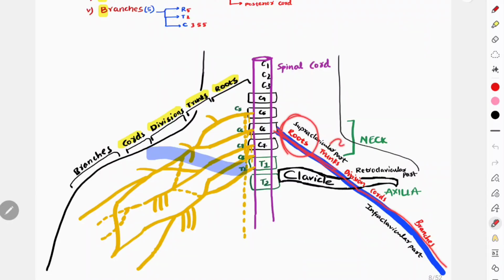The roots and trunks are supraclavicular, above the clavicle. The divisions are retroclavicular, that is behind the clavicle, and the cords and branches are present in the axilla, that is the infraclavicular part. So roots and trunks are present in the neck, and the divisions, cords and branches are present in the axilla.